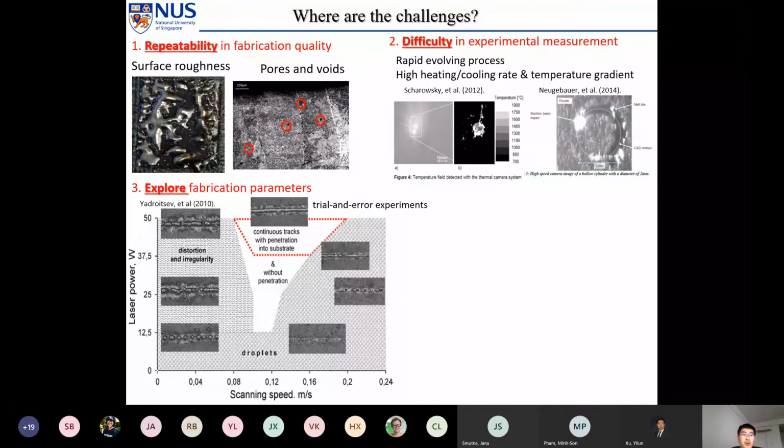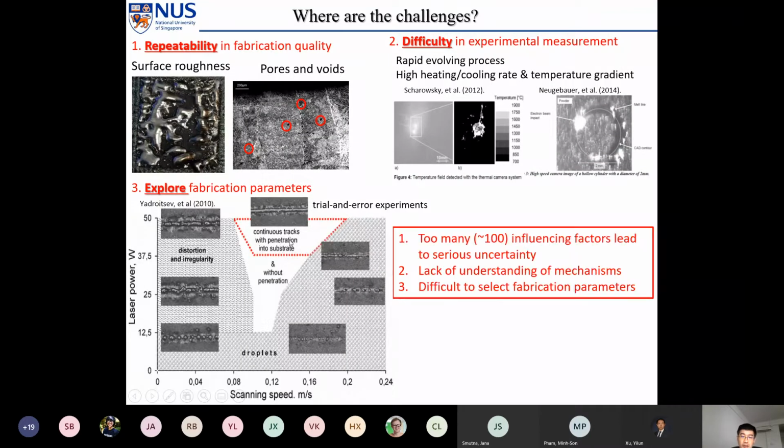And third, we don't have an efficient tool to explore fabrication parameters for new materials. Mostly people do trial and error experiments, through a lot of combinations of laser power and scan speed, and then we can get a small processing window.